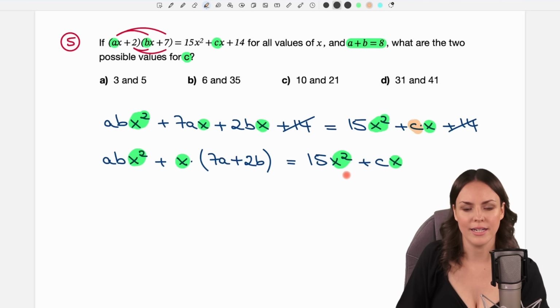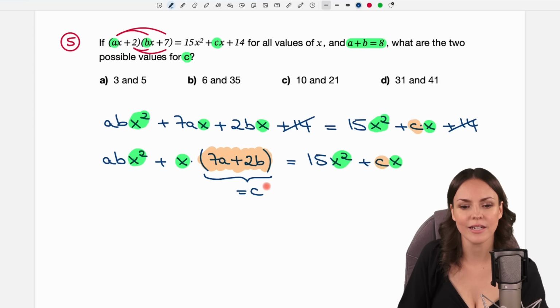And if I compare it now, I can see that my c has to be equal to this part here, because this is the number that is multiplied by my x. So this has to be equal to c if I compare the two sides. And my x squared part, I know that this number here is 15, so I know that this here in front of my x squared has to be equal to 15.